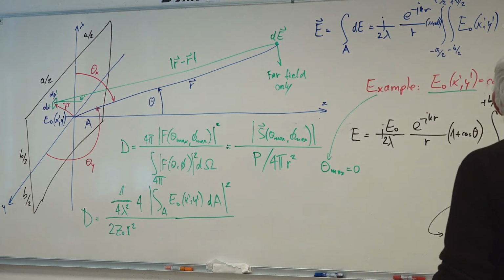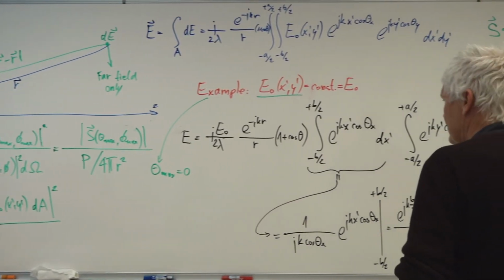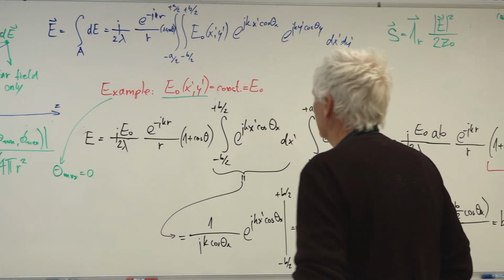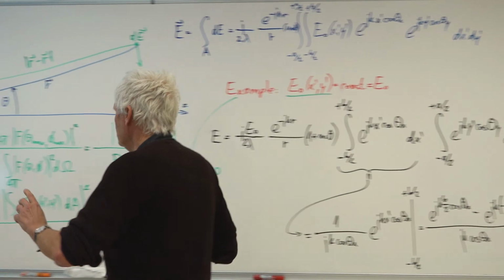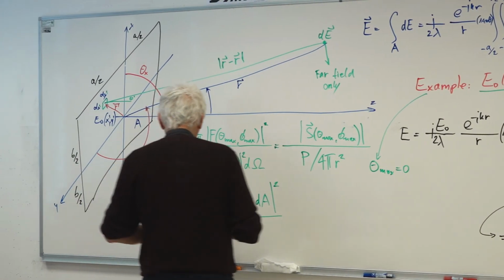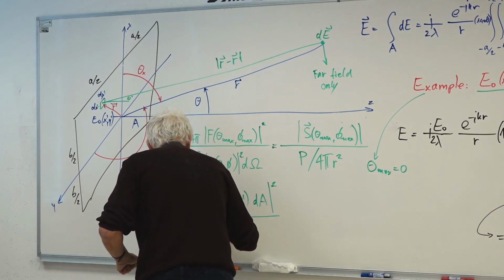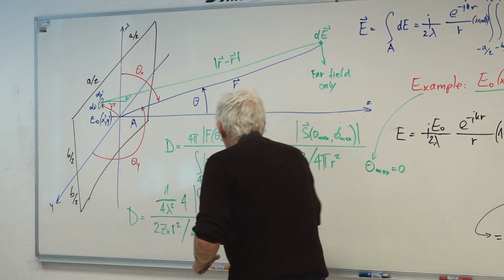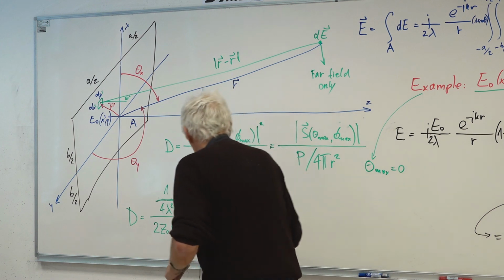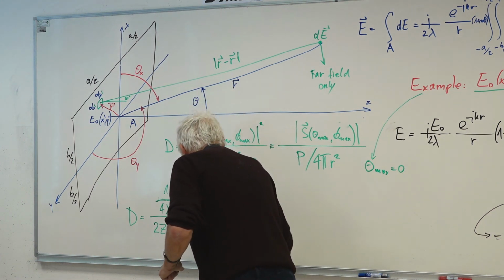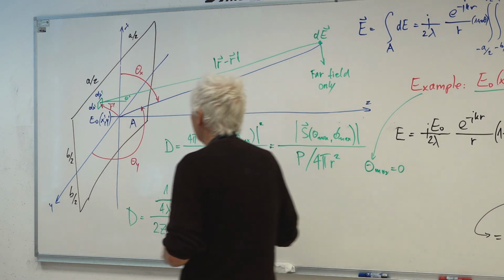And in the numerator, what do I have? In the numerator, I have the power that flows through this aperture, divided by 4 pi r squared. I'm just taking this one. And the power is actually the integral over the surface of the S0.